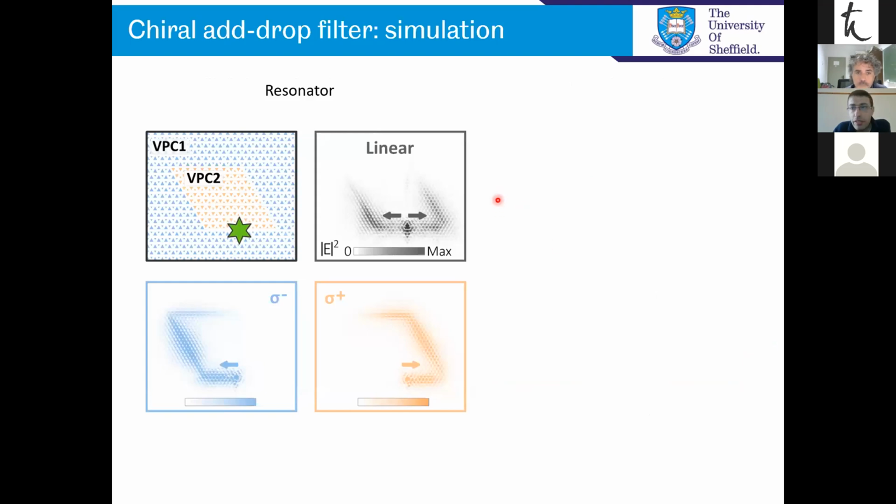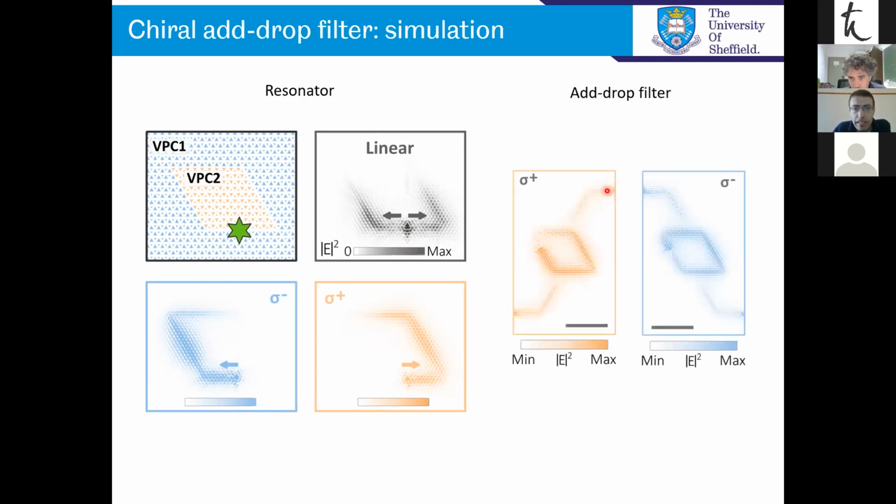So finally we come to the chiral behavior in this structure. If we look first just at the resonator itself, just to prove that this can support chiral coupling, these are simulations which show, for a linear dipole, emission in both directions, however for sigma plus or sigma minus, we get unidirectional emission.